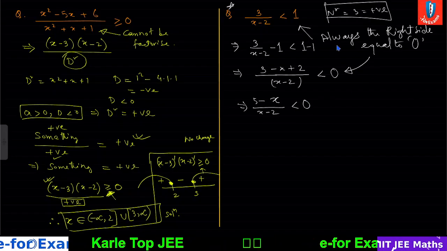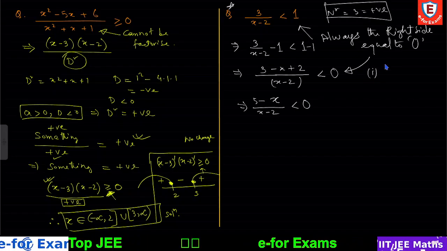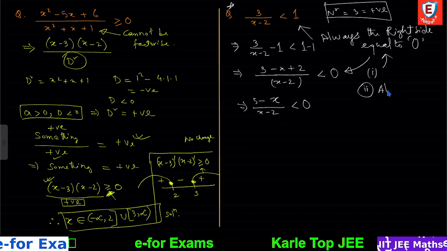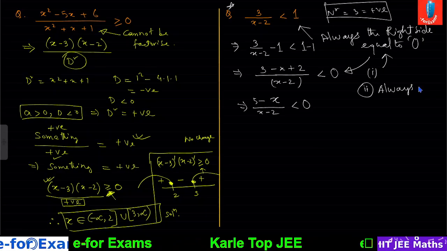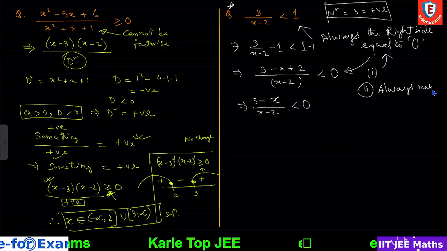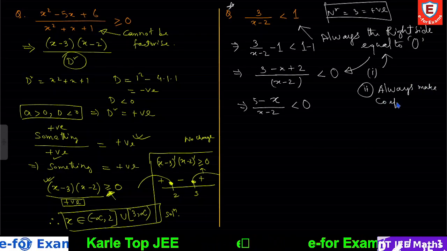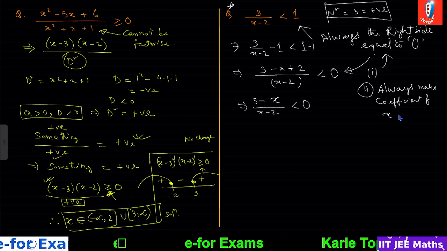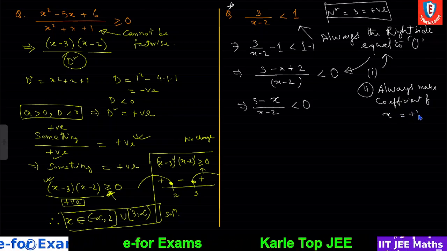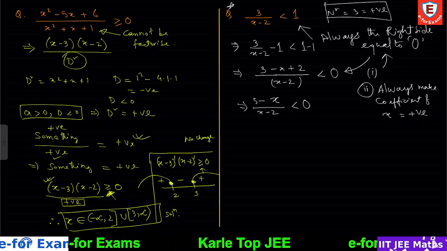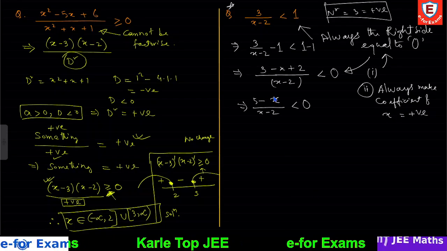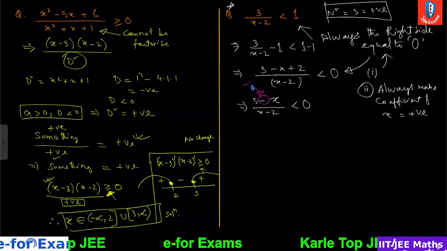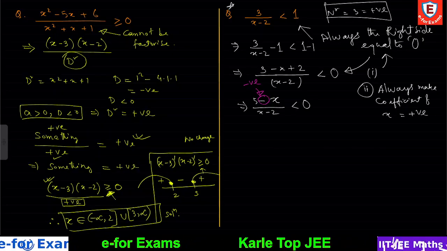In this question we are using 2 points. One is this one. Number 2 means always make the coefficient of x positive. Here see, the coefficient of x is negative, right?